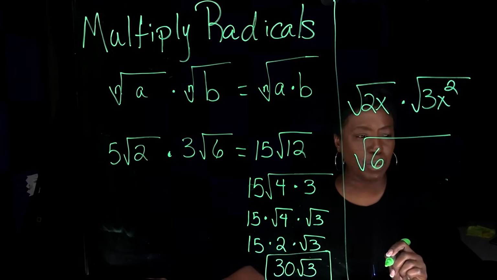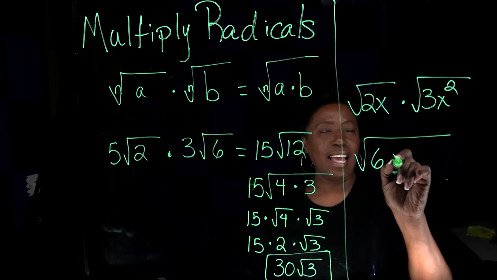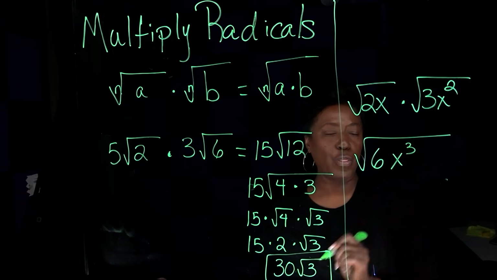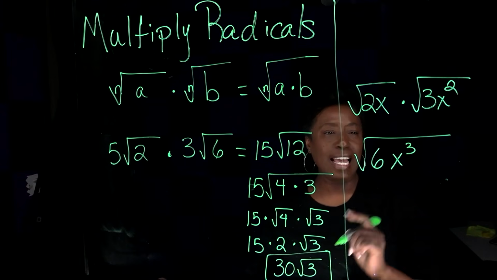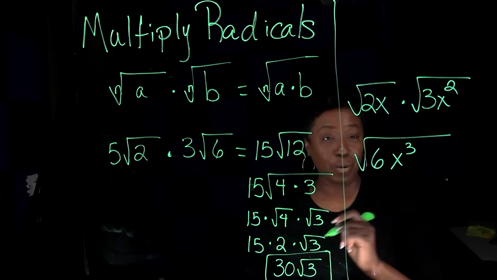We recall when we multiply those variables, we add the exponents. So that's x to the what? Third power. X cubed can be simplified because, yes, it has a perfect square factor.